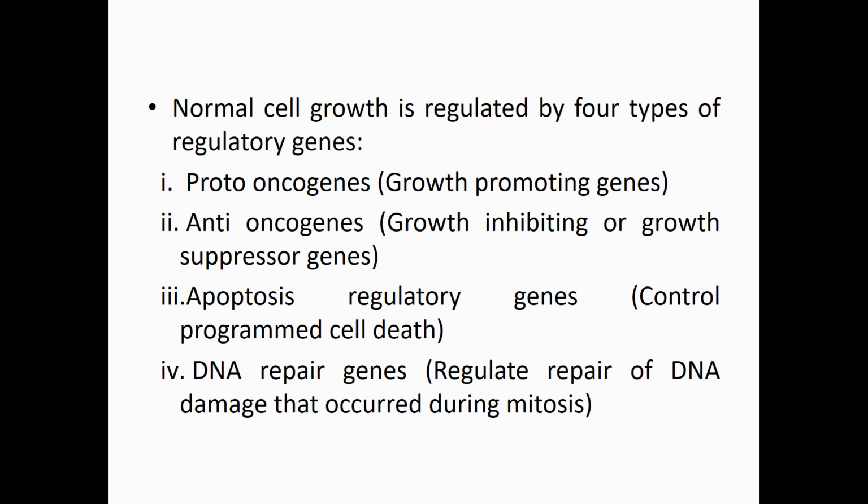Any deviation in this balance between proto-oncogenes and anti-oncogenes may lead to the production of cancer. Suppose there is uncontrolled or increased activity of proto-oncogenes that cannot be suppressed, and whether or not DNA is repaired by DNA repair genes before the next cell division, uncontrolled cell division continues.